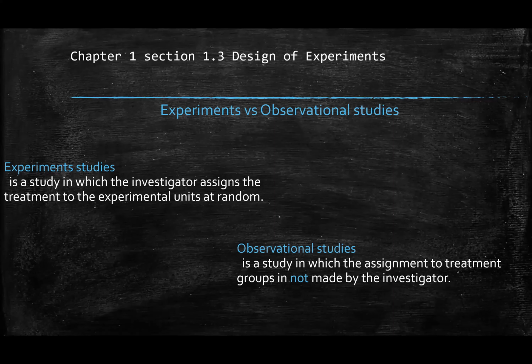But we are not going into detail because I don't think you need to design an experiment. If you later design an experiment, you will know which kind you want to do, either an experimental study or an observational study. So in 1.3, the only thing to look at is the difference between experimental and observational study.